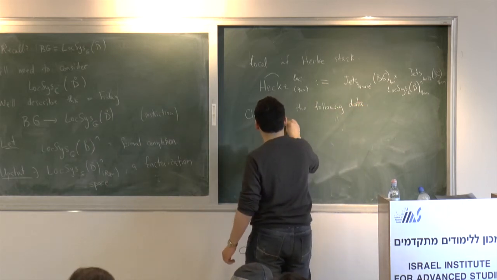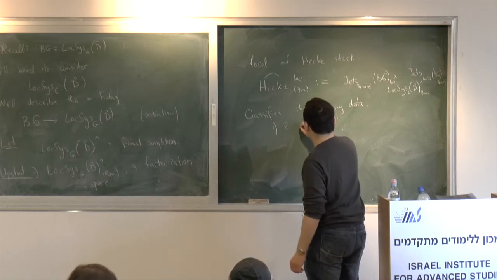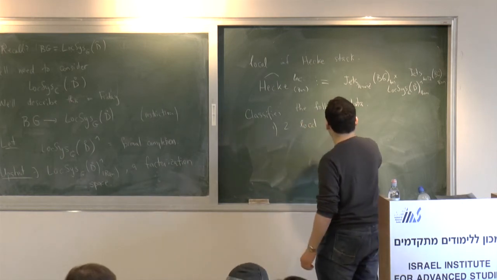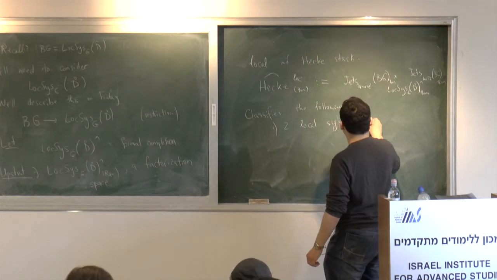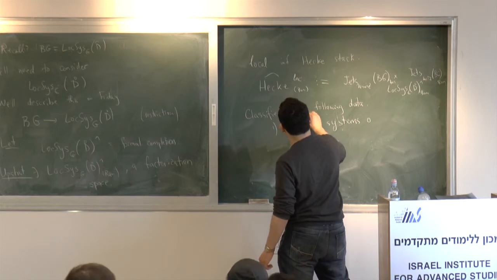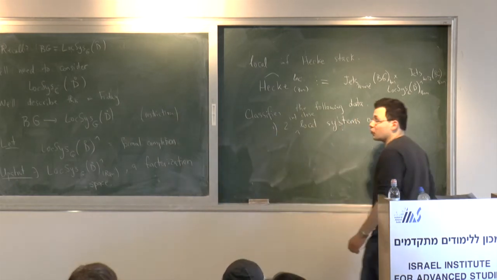So one is two local systems, maybe I'll say infinitesimally close. That's an extra piece of data.